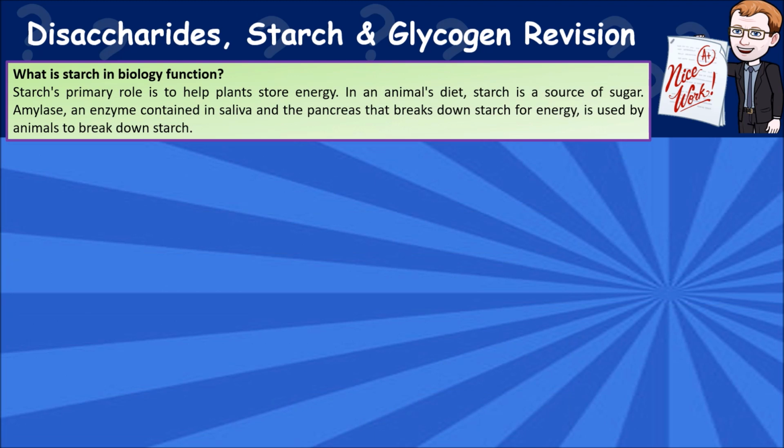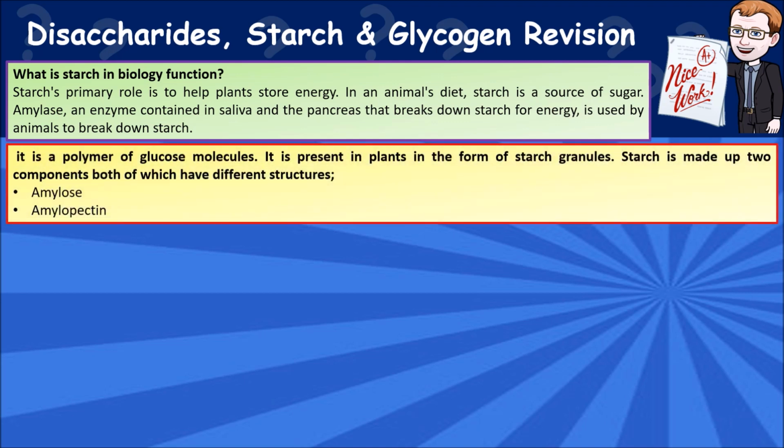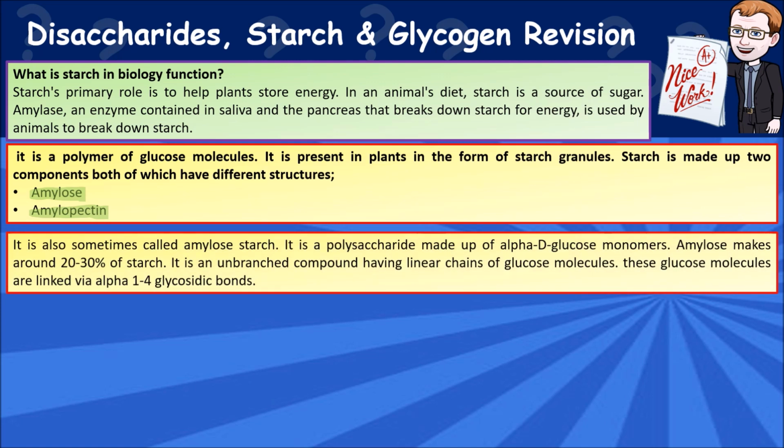So we're going to look at starch. Right, starch is primarily found in plants and is a store of energy and is also important for lots of animals' diets. So the two forms of starch that we get are amylose and amylopectin. Amylose is broken down by the enzyme amylase, for instance. It's made up of alpha glucose monomers.